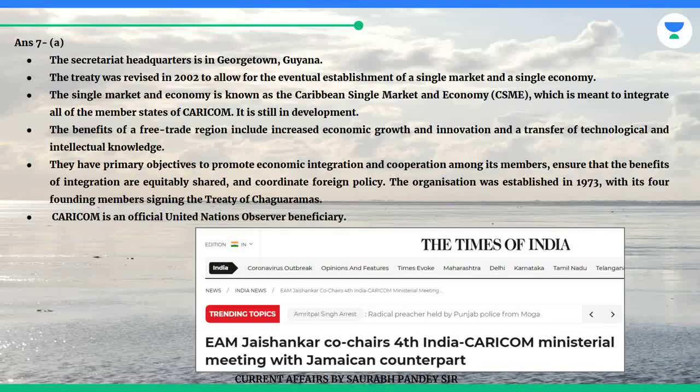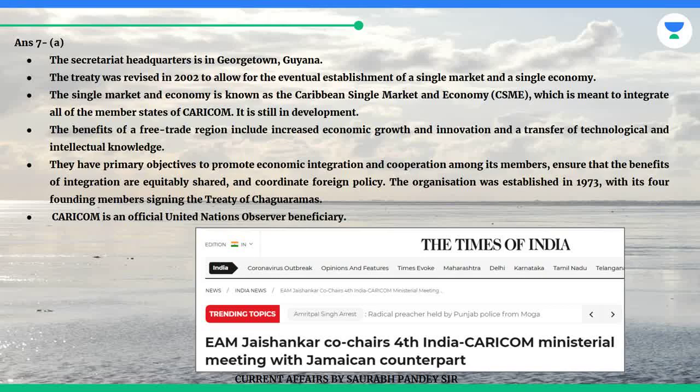The treaty was revised in 2002 to allow for the eventual establishment of a single market and a single economy. The single market and economy is known as the Caribbean Single Market and Economy, CSME, which is meant to integrate all of the member states of CARICOM. It is still in development. The benefits of a free trade region include increased economic growth and innovation and a transfer of technological and intellectual knowledge.